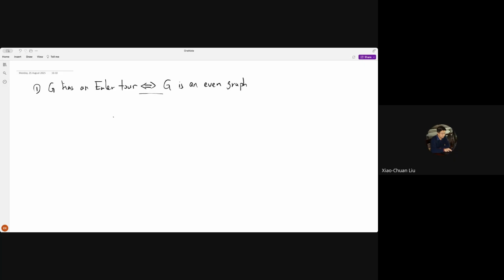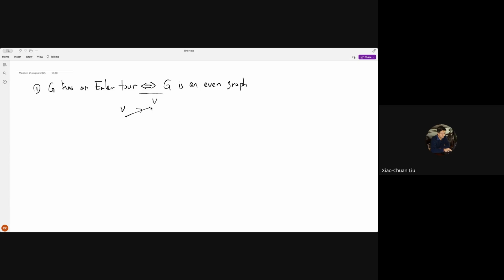You start from a vertex v and do an argument similar to what we did earlier. You try to find a trial: do not repeat edges, but you are allowed to repeat vertices.